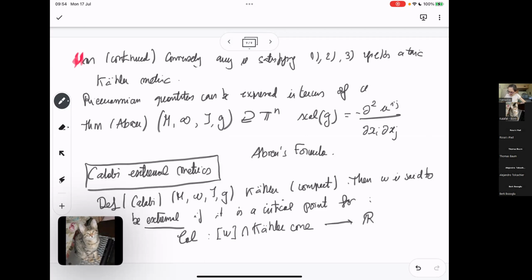And it takes a symplectic form, or a Kähler form, and it associates to it the square of the scalar curvature. Okay, is this clear? Any critical point of this is a Calabi extremal metric.